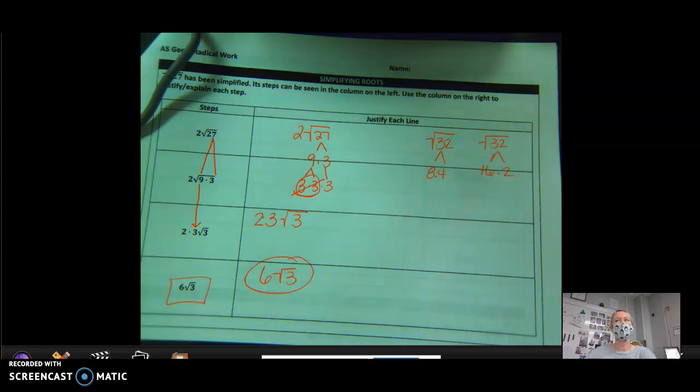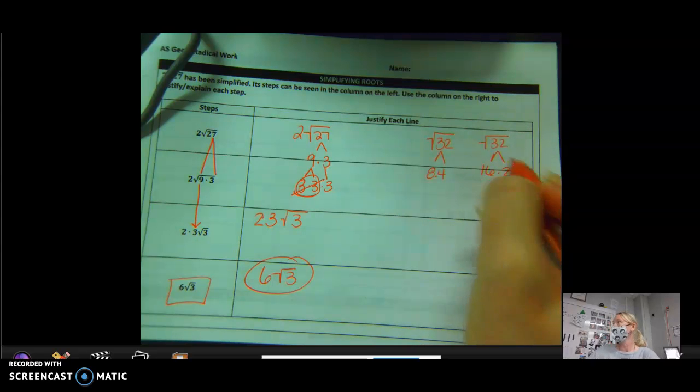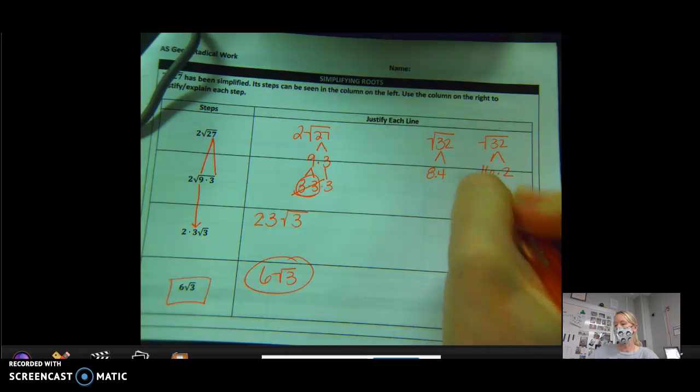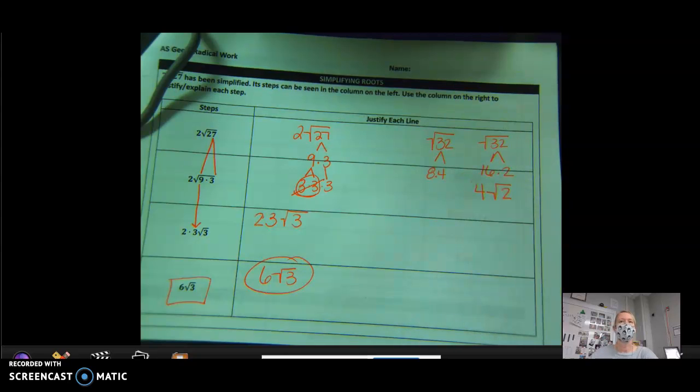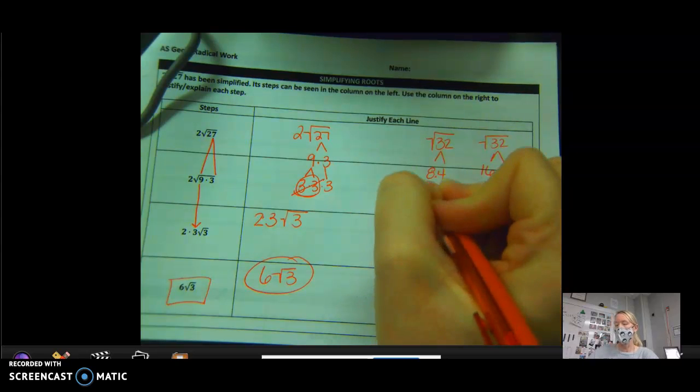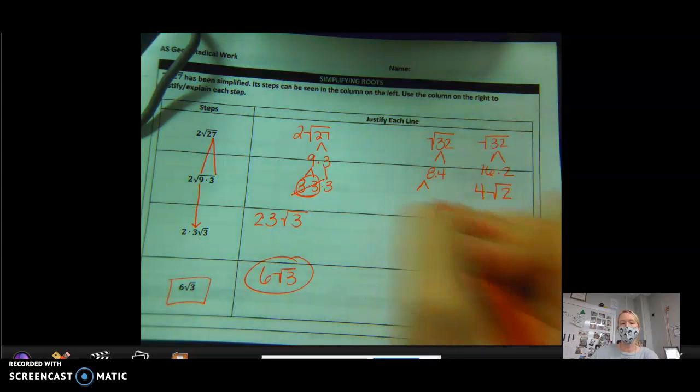Sometimes it's not as easy to find the largest perfect square number that goes into one. If I did it with the largest perfect square, what's the square root of 16? I'm left with square root of 2. However, if I didn't think first that to break it into 16 and 2, I would now break up 8 and 4. What does 8 break up into?